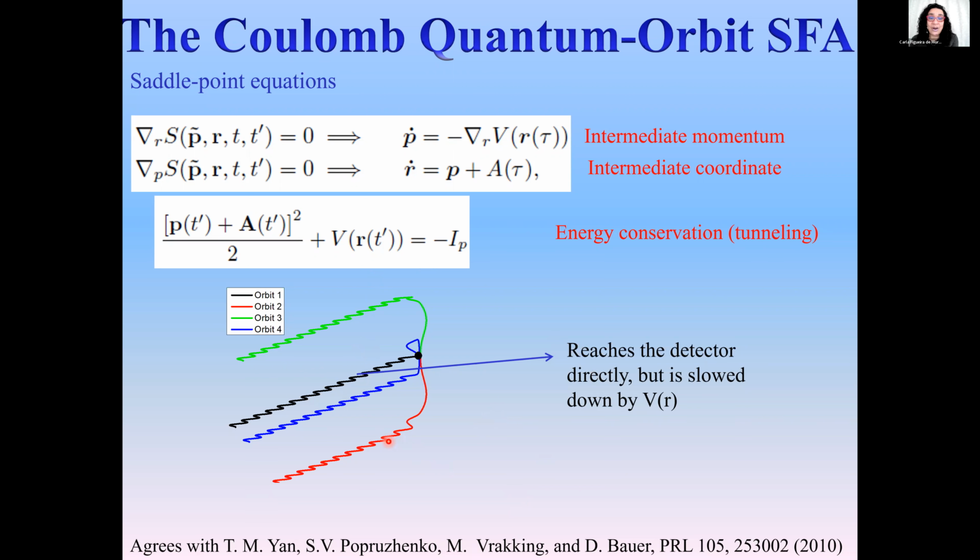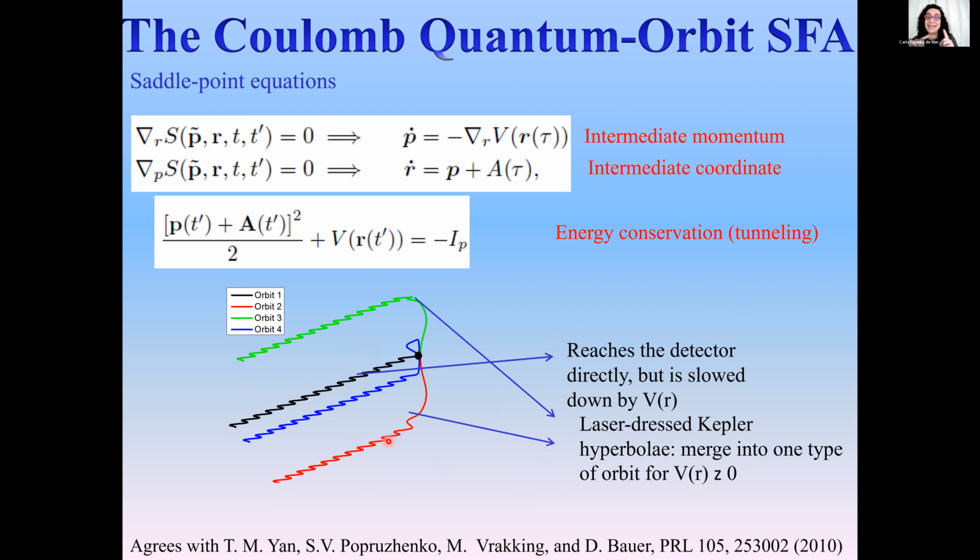Orbit 1 is the most boring one. It's reaching the detector directly and is being pulled by the Coulomb potential. Orbits 2 and 3 are like laser-dressed Kepler hyperbolas. If you have potential equal to 0, they merge to a single type of orbit. But the difference is that orbit 3 is also changing because you have this central force.